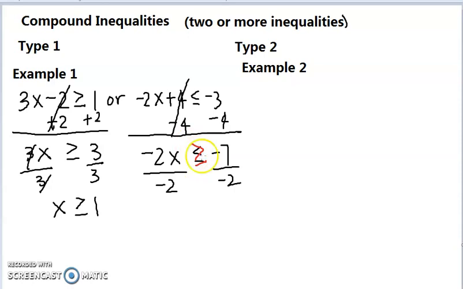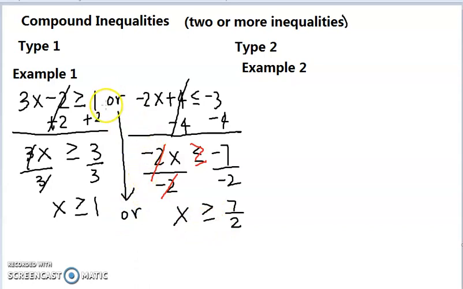So less than or equal to will become greater than or equal to. Now negative 2 divided by negative 2, they cancel. We get a 1, but 1x is still just x. Greater than or equal to negative divided by negative, we get a positive. And 7 divided by 2, we can leave it as it is. It's a reduced fraction. And we're going to bring down that word or.